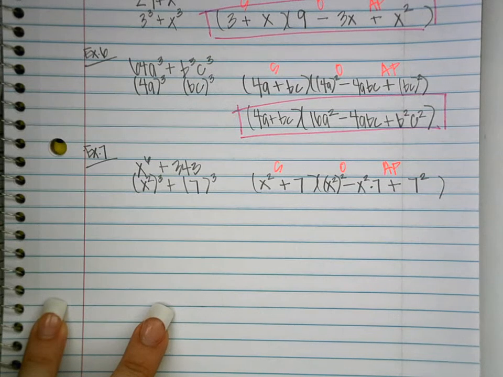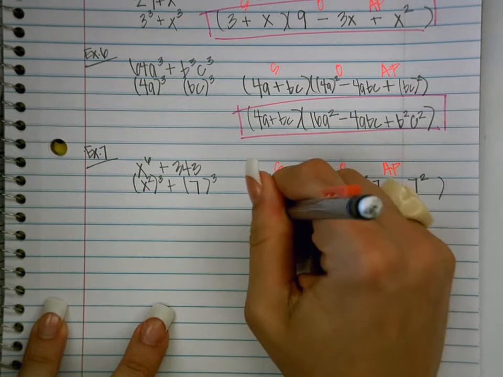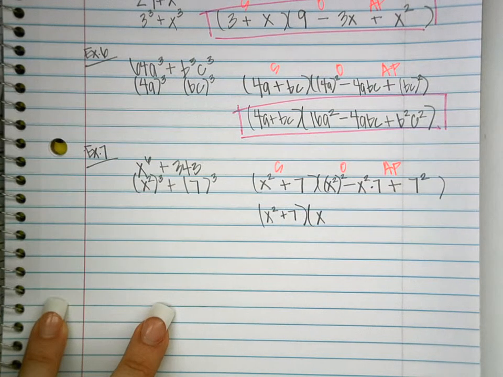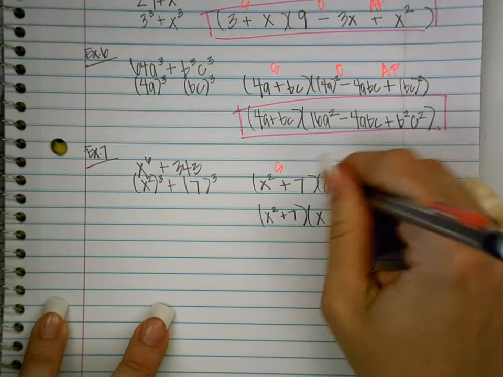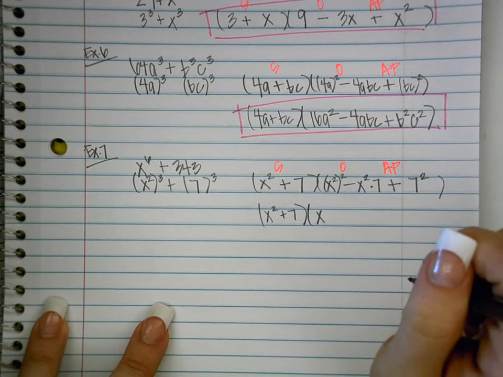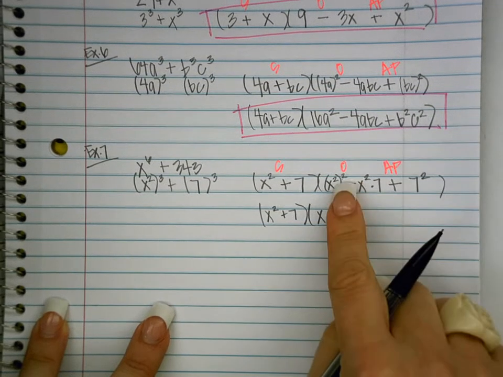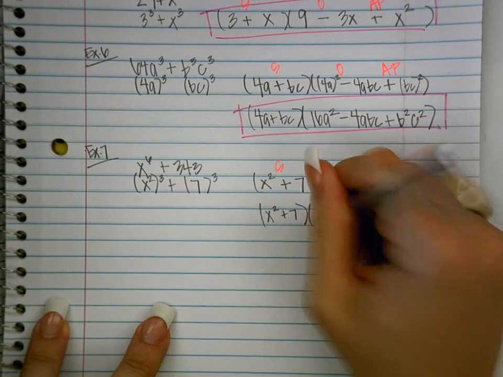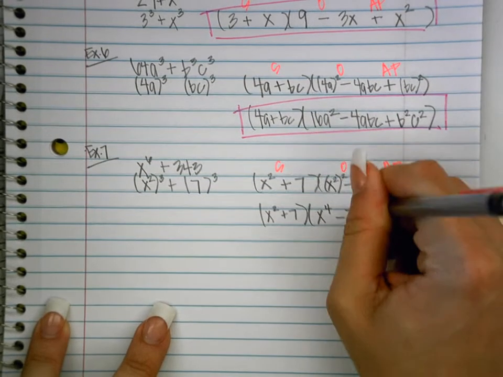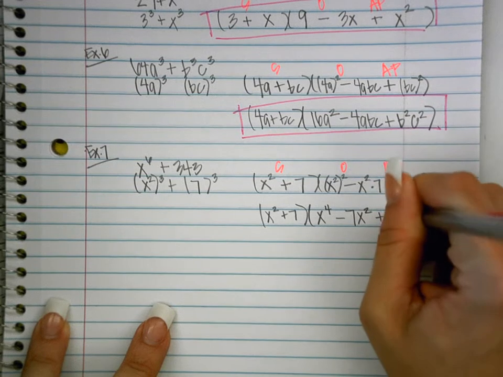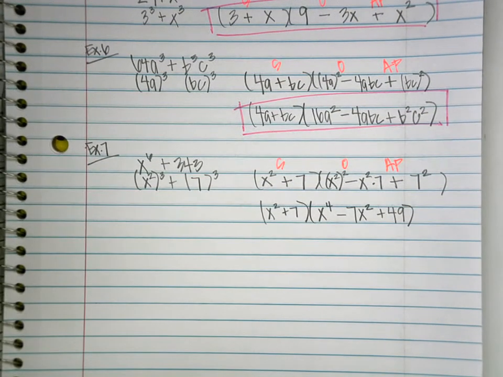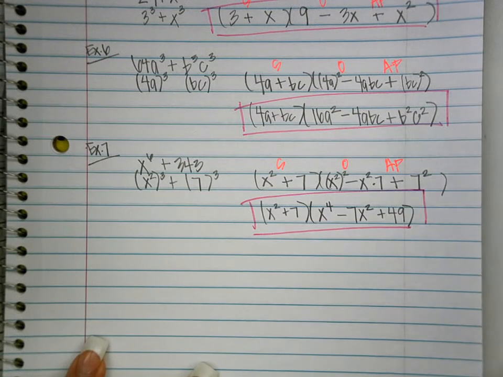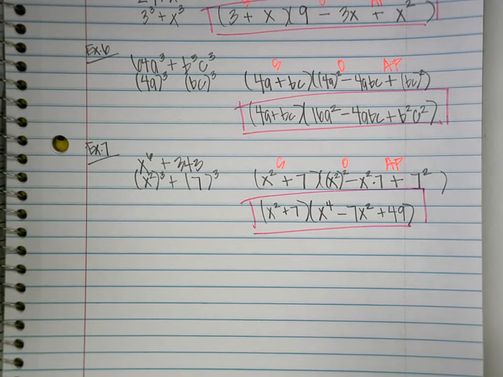If you simplify that, we should get x squared plus 7 times, what's x squared squared? Do you add these or multiply them? You multiply. Technically, if you added or multiplied 2 and 2 you'd still get the same answer, but it is multiply. So x to the 4th minus 7x squared plus 49. So x squared plus 7 times x to the 4th minus 7x squared plus 49.